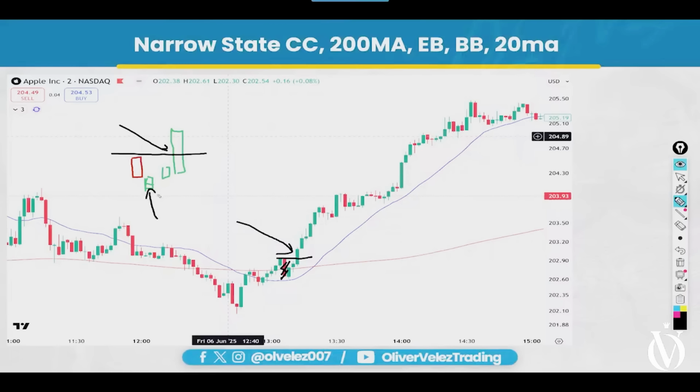These green did not take out the red. This one did. So elephants are strong and powerful in the perfect spot by themselves, but if it's also a color change at the same time, it's more powerful. So here's your elephant bar and color change combo. Enter, the rest is history.